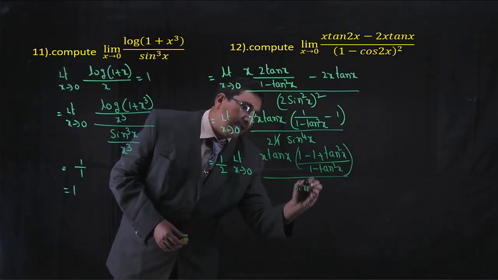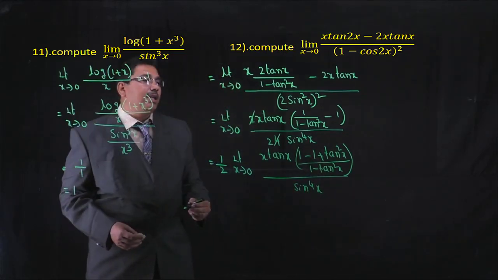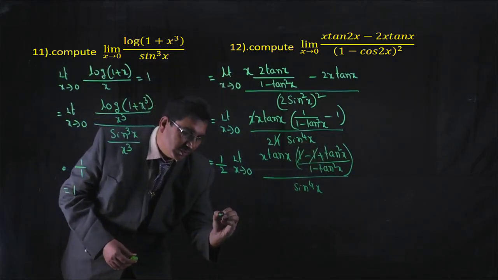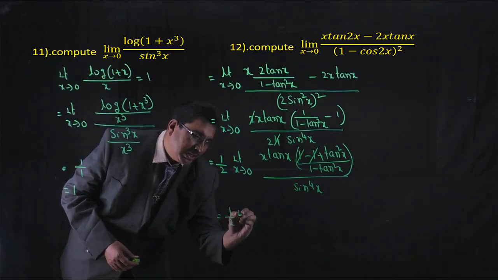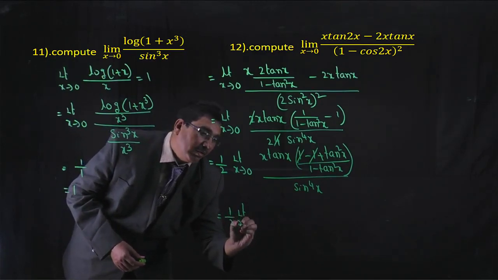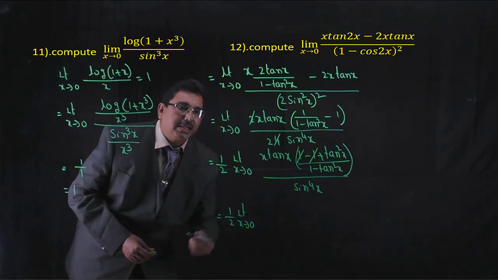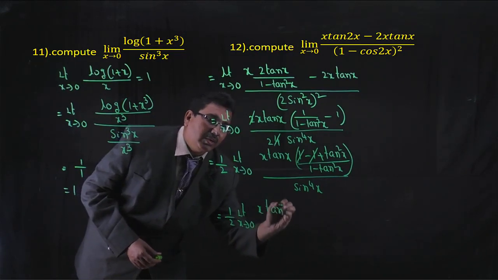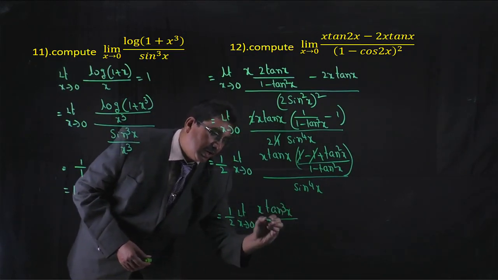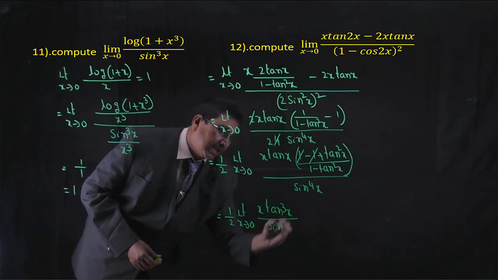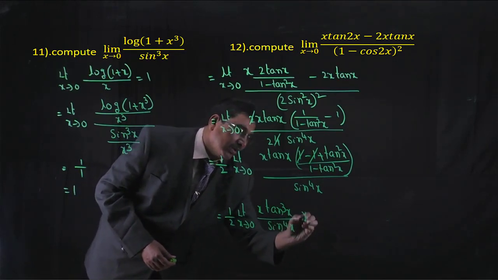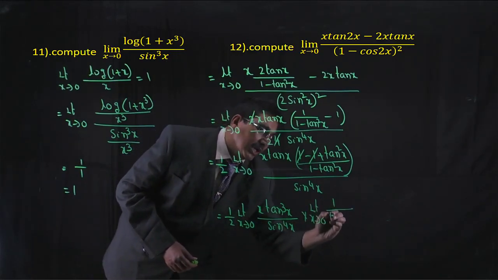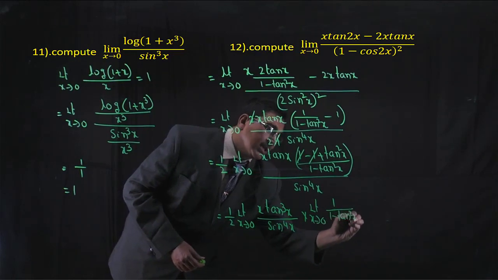Here the 1 gets cancelled, that is equal to 1 by 2 into limit x tending to 0, x into tan cube x divided by sine power 4x, into limit x tending to 0, 1 by 1 minus tan square x.